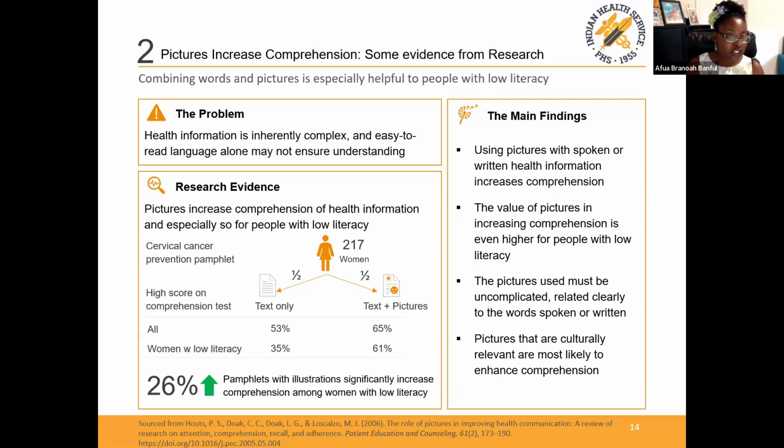But what is particularly interesting is that they found that women who had low literacy, amongst that group, it was even more of a jump in comprehension by having the pictures. So within that low literacy group, 35% got high scores with text only. But when you put the pictures along with that same text, then the comprehension score jumped, right?